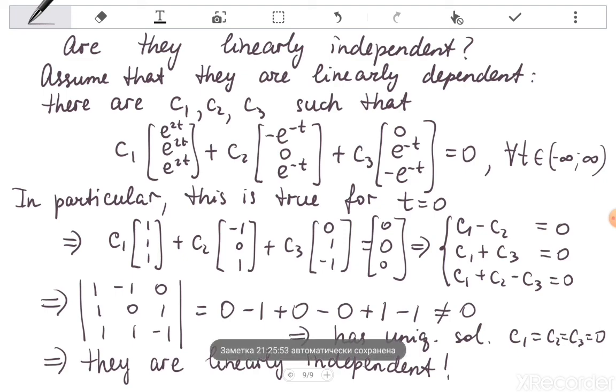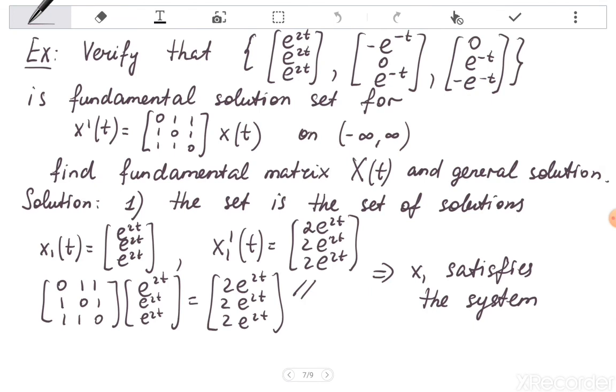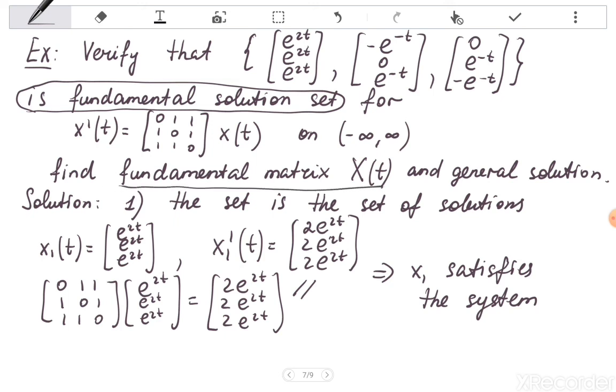Okay, so what we indeed proved, we proved this part, that this is a fundamental solution set. We proved that these three vectors are solutions of the system, and these three vectors are linearly independent. And what else do we need? We need to find the fundamental matrix and general solution.